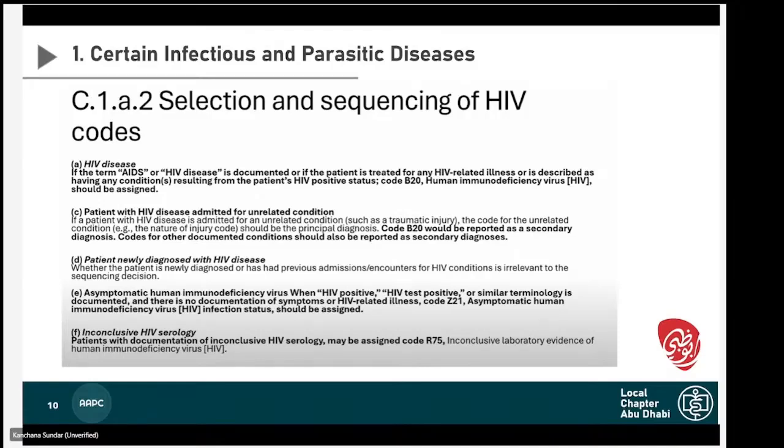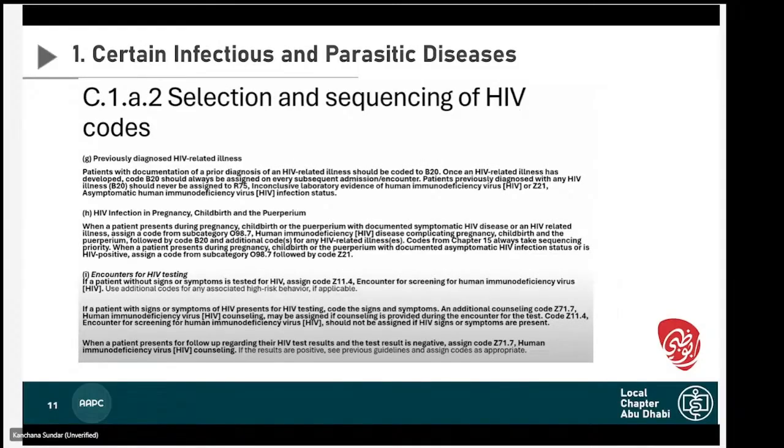So that is a glimpse of a short form of this whole guideline, which has been impacting each point in our guideline, if you see here. And inconclusive HIV serology, we all know that there are not many changes to this guideline, just the verbiage has been changed, and we still code it as R75.